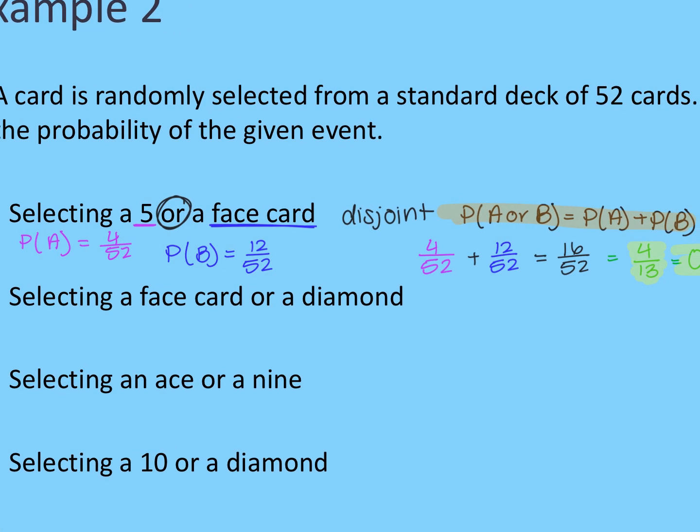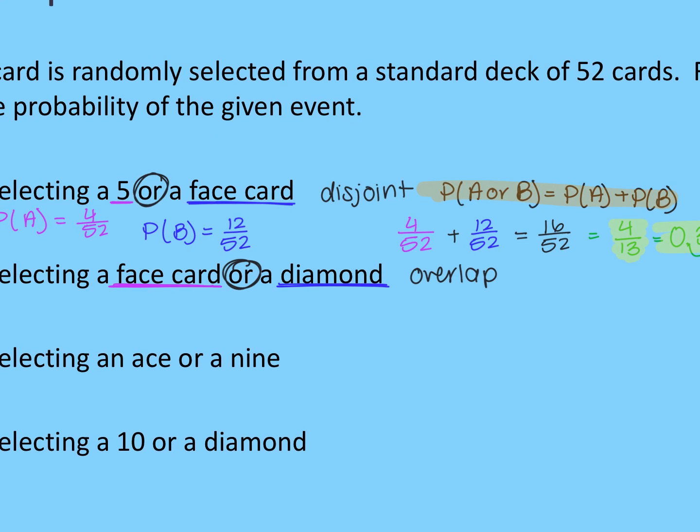Looking at the next one, it says selecting a face card or a diamond. So I have my events, a face card or diamond. So is this disjoint or overlap? What is it? Overlap. I can have a face card that is a diamond. So this is overlap.